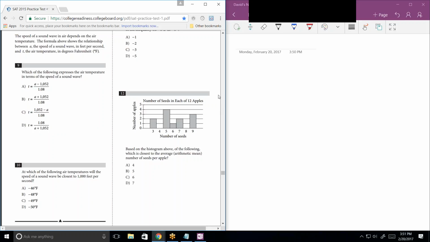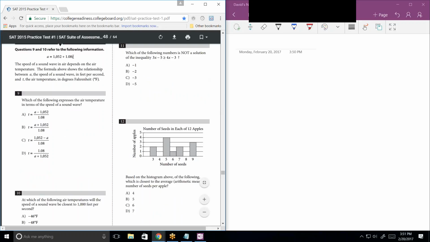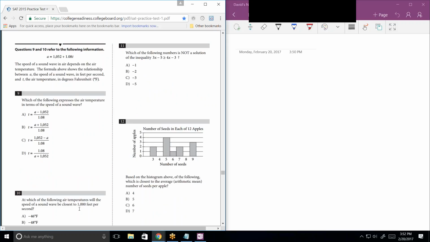Here, I need to go up to show you the equation. So at which of the following air temperatures will the speed of sound be closest to 1,000 feet?